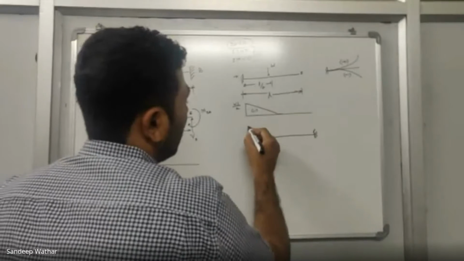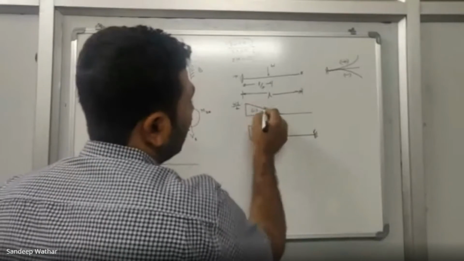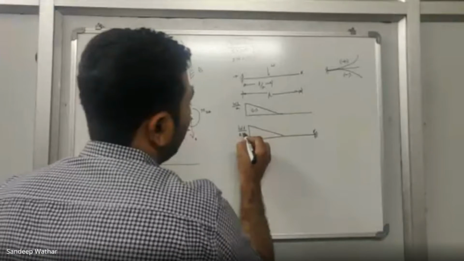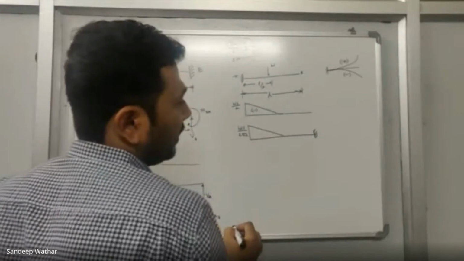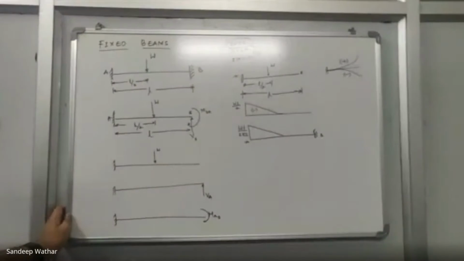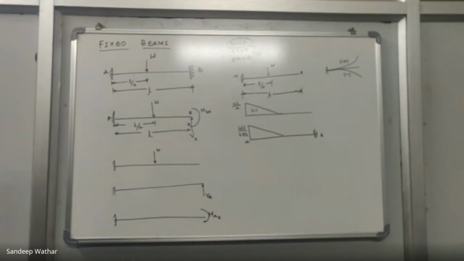Now what we do is that we overlay the bending moment diagram, WL by 2, and we divide it by EI. So this becomes my conjugate beam. Now tell me, what is the benefit of solving using the conjugate beam method?